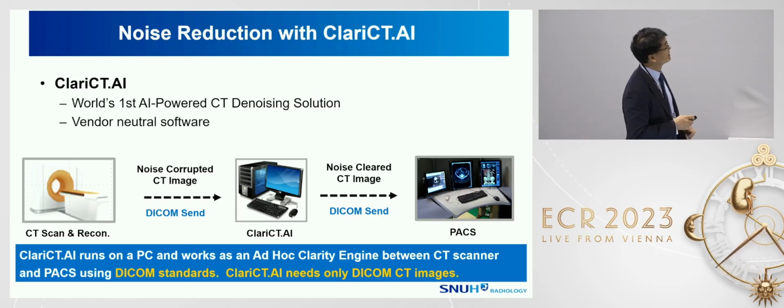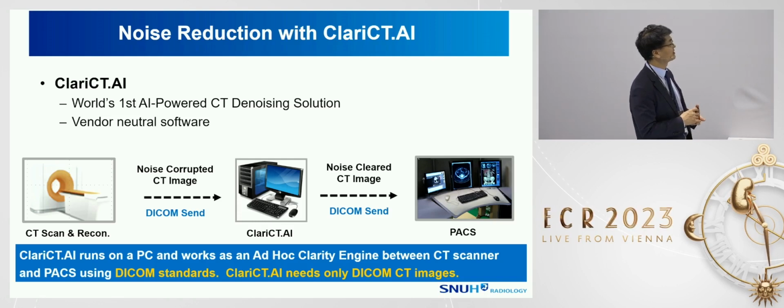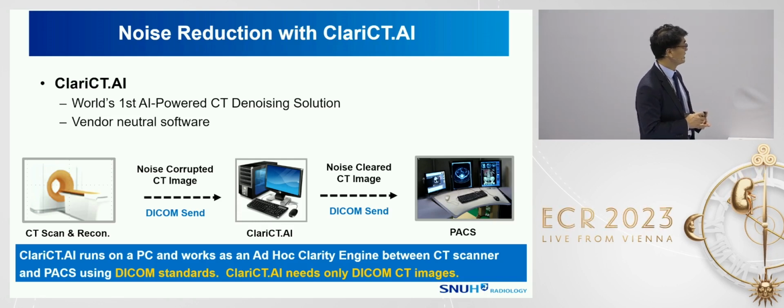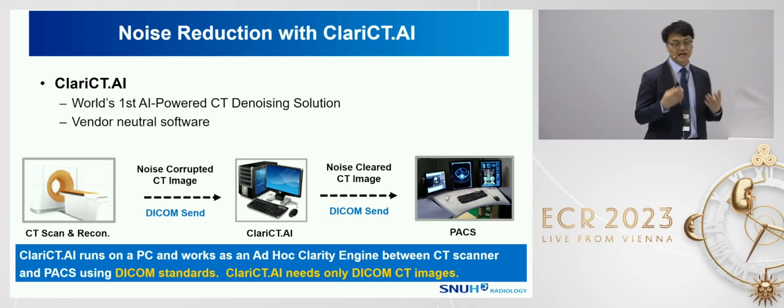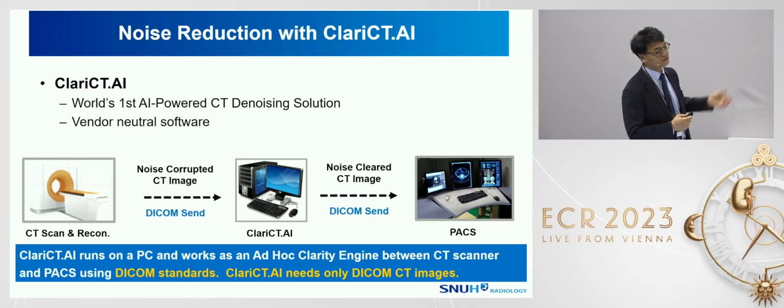Compared to that, we can use an alternative option, which is ClariCT.AI. It is the world's first AI-powered CT denoising solution, and it is featured as vendor-neutral software. It works at the DICOM level, so anytime you can apply this deep learning algorithm to CT images.